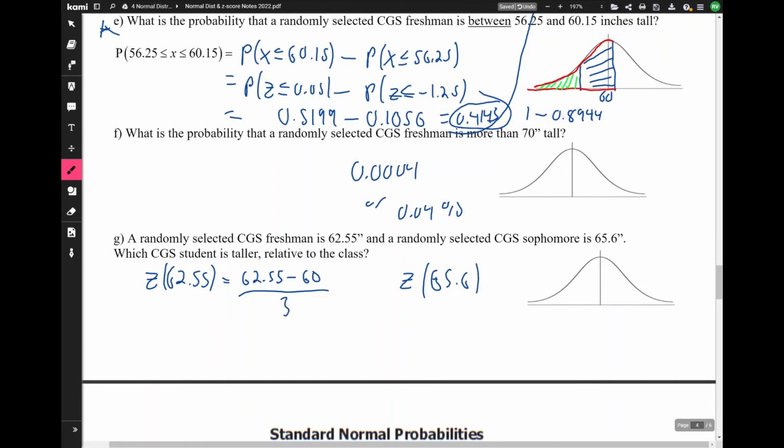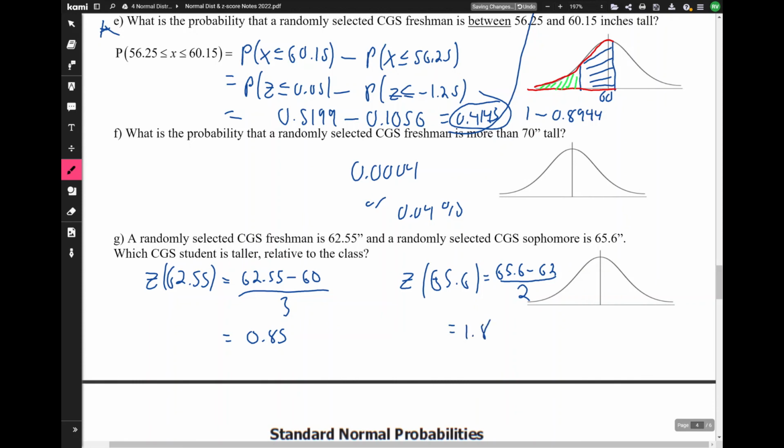Whereas for the sophomores, we do 65.6 minus 62 divided by a standard deviation of 2. And the two z-scores that we get are 0.85, and over here we get 1.8.